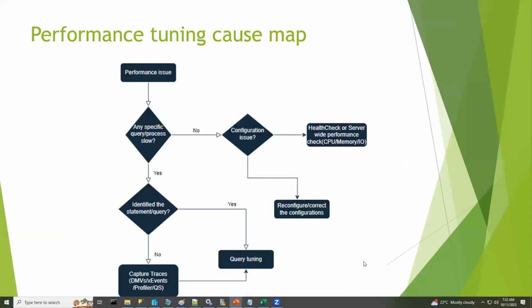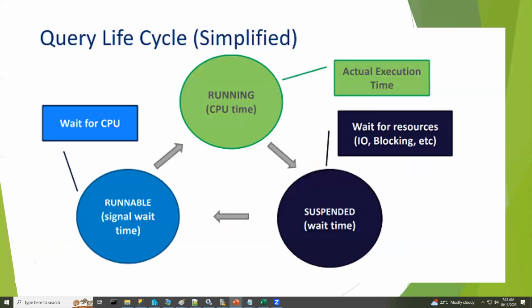So whatever we see here is the signal wait time, the wait time, and the CPU time. CPU is what is actually currently running on the CPU. If you have a high signal wait time, that is where you have to check if the query is running slow, or if an existing query currently running on the CPU is taking more resources or more time.